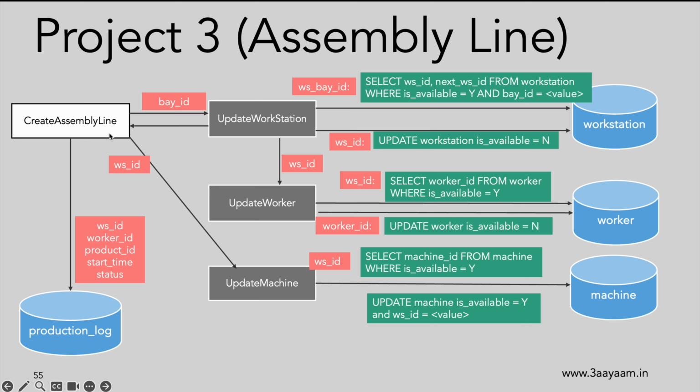If you want to do it the other way around, that is perfectly fine. You might be comfortable with creating the main API first and then the other APIs. That is also perfectly fine. There's no hard and fast rule that the lowest level of APIs have to be created first. That's what I did, but you can start from create assembly line API also.